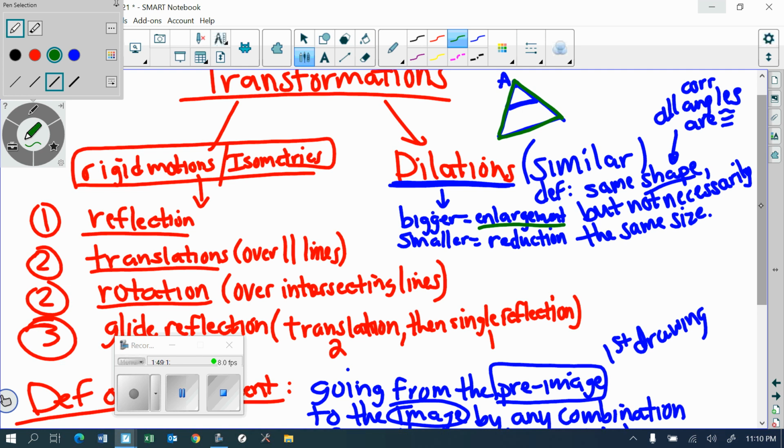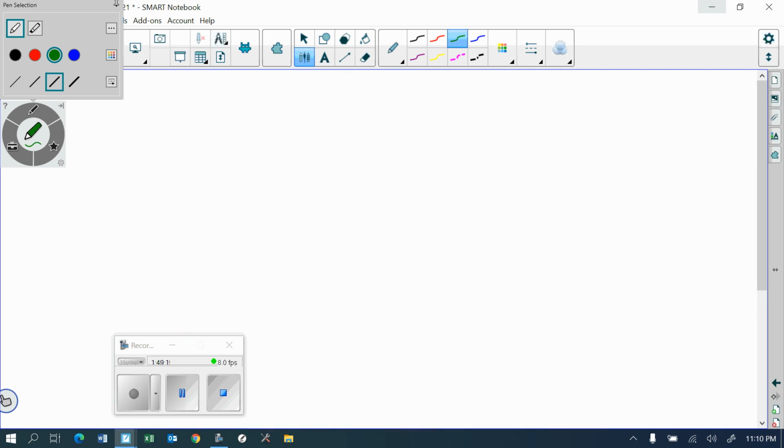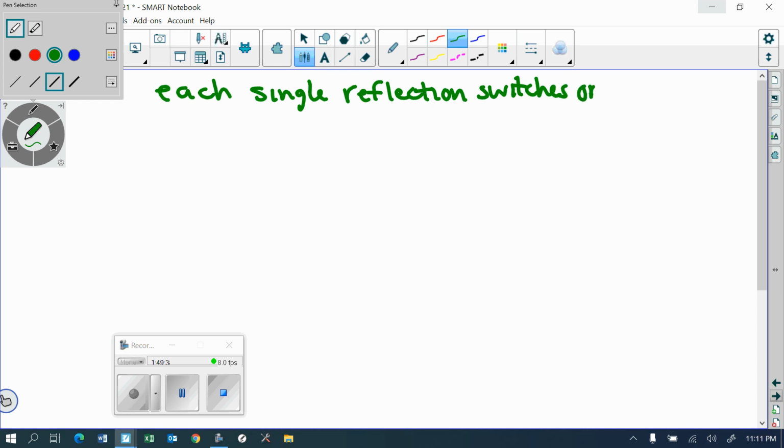All right, so now I'll go to the next page. Within reflections, each single reflection switches orientation. So now you ask, what is orientation?